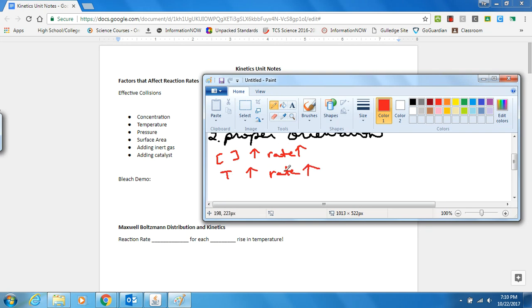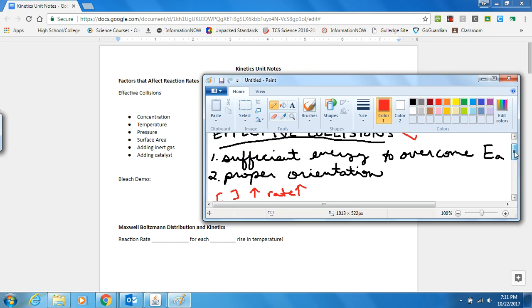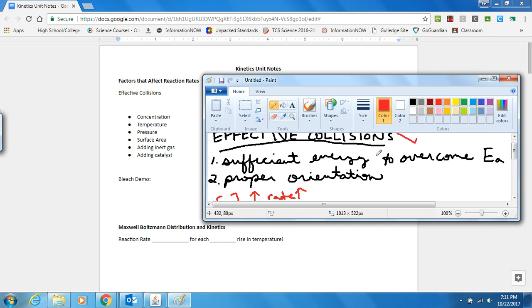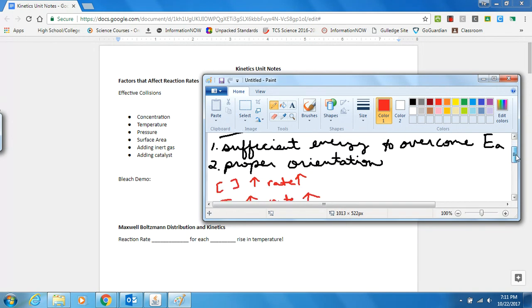Well, we increase the temperature, which makes a greater probability of proper orientation and sufficient energy to overcome activation energy. Therefore, you have a greater probability of effective collisions, and that is what causes the rate to increase. So whenever I'm discussing this stuff on free response, you have to talk about these two pieces of criteria and the fact that if the probability of those is greater, we have a greater probability of effective collisions as well.